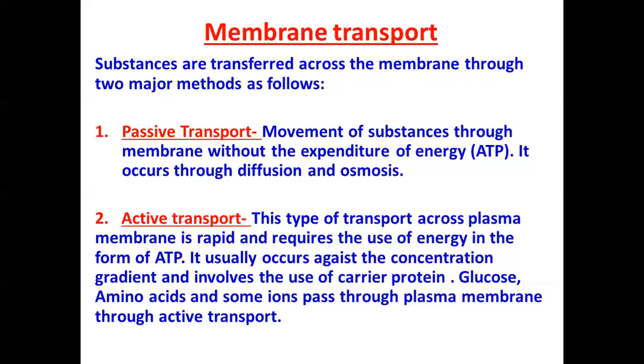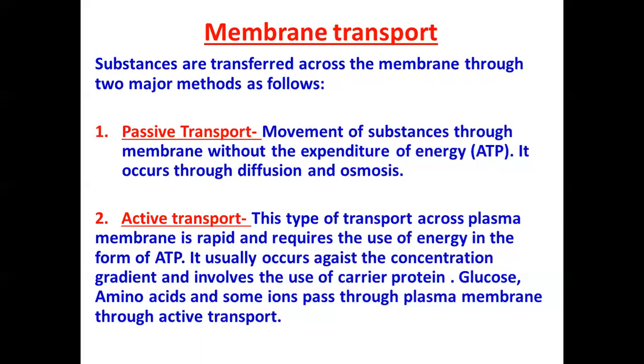Second is active transport. This type of transport across plasma membrane is rapid and requires the use of energy in the form of ATP, that is adenosine triphosphate. It usually occurs against the concentration gradient and involves the use of carrier protein. Clear? That means there will be a carrier channel protein which will help to transfer.